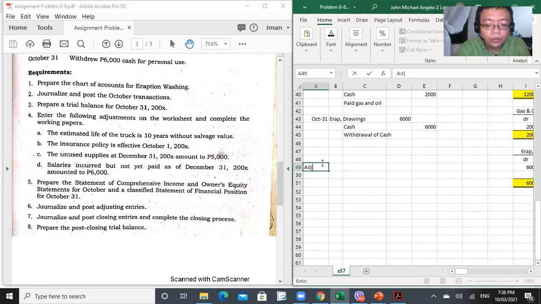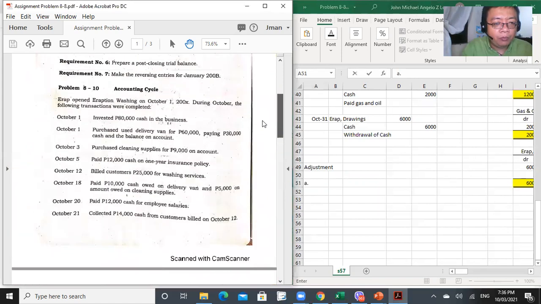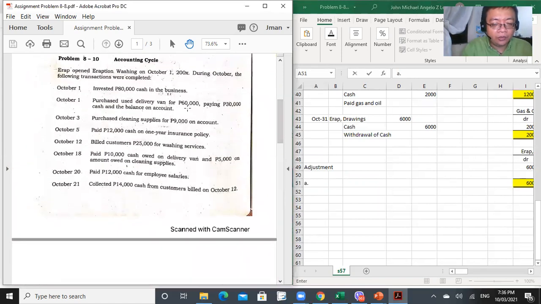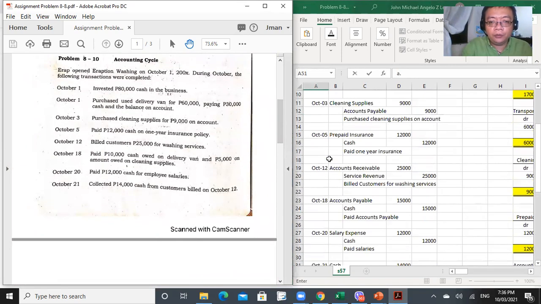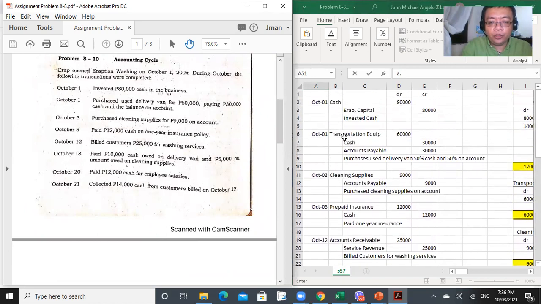So you have your adjustment, adjustment number 1, letter A. In letter A, very important is the acquisition cost of the equipment. I believe the acquisition cost of the equipment is 60,000, right? Because on October 1, we purchased transport equipment worth 60,000.